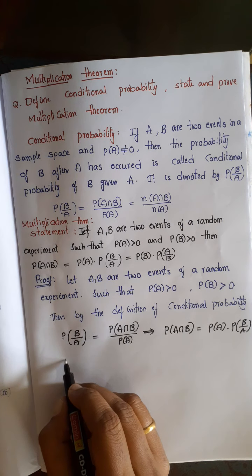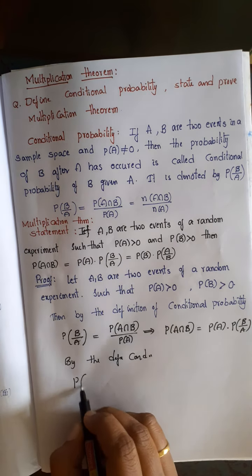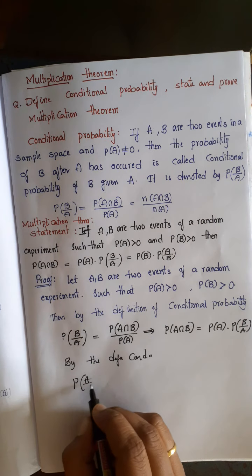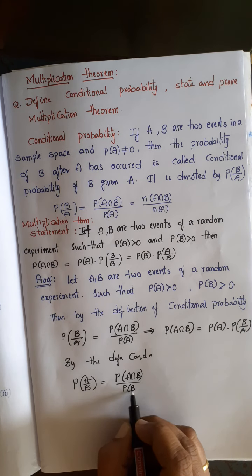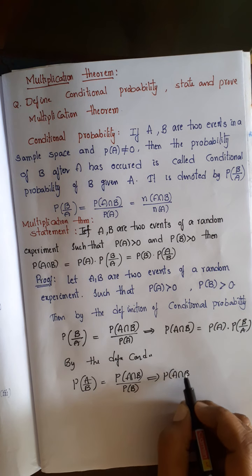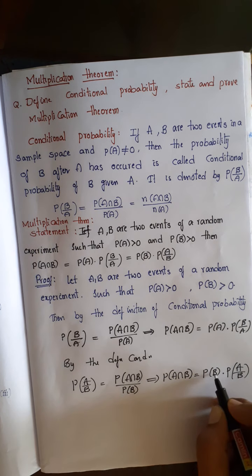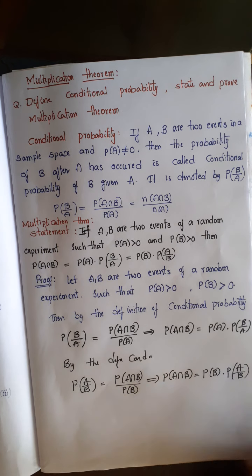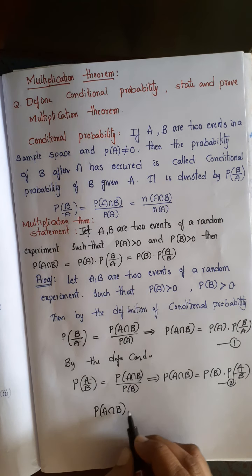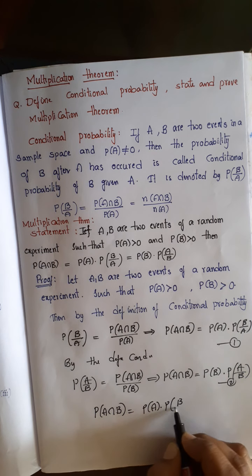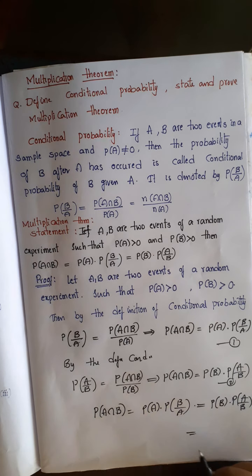And then again by the definition of conditional probability, let us take P of A by B, which is equal to P of A intersection B, but here in the denominator you have P of B. That implies again you can write P of A intersection B is equal to, sending this part here, P of B into P of A by B. So from these 1 and 2, P of A intersection B is equal to P of A into P of B by A, which is equal to P of B into P of A by B. Hence the multiplication theorem.